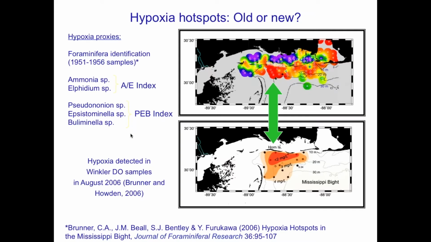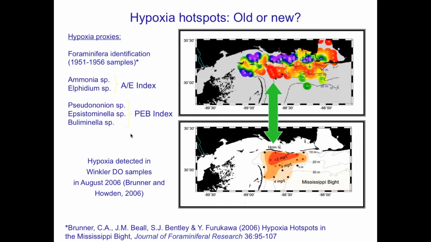All right, so now I want to shift the focus over to hypoxia in the Western Mississippi Bight. And this figure is from a paper by Brunner et al., 2006. The top figure shows the results of an index of hypoxia tolerant to intolerant forams in sediment cores, the tops of sediment cores taken in the 1950s that she had access to.